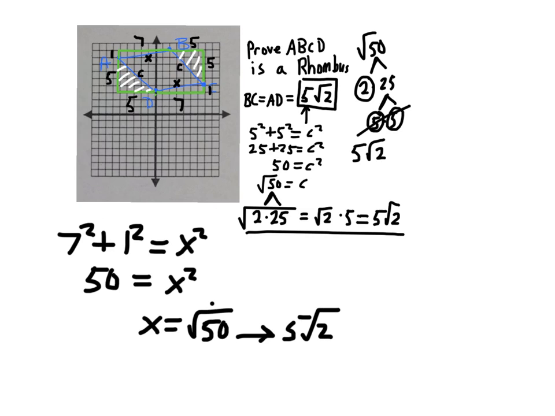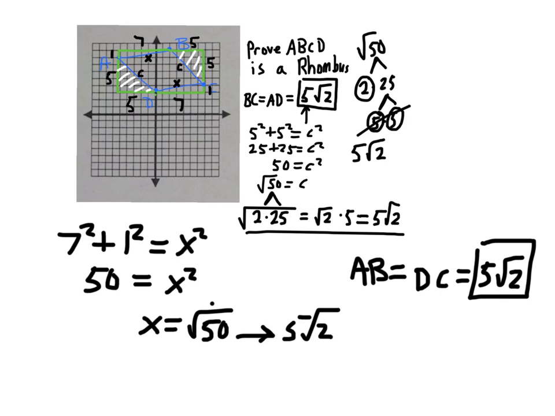So I can actually list that down too, that AB is the same as DC, that they're both 5 radical 2. And in fact, all the sides are radical 50 long.